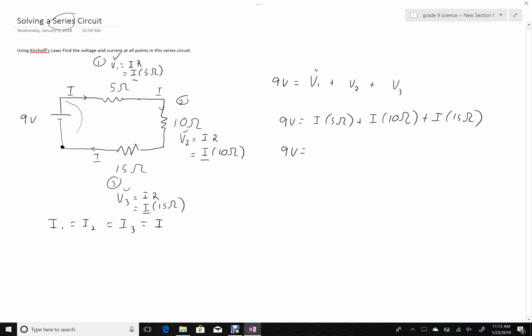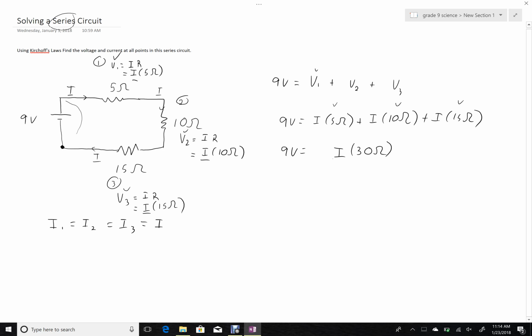So this is like 5 I's, this is like 10 I's, and this is like 15 I's. So if I have a common variable, then I can collect like terms. This is like saying I have 5 iguanas, 10 iguanas, and 15 iguanas. So that means I have a total of 30 iguanas. 5 plus 10 is 15, plus the other 15 is 30 I's.